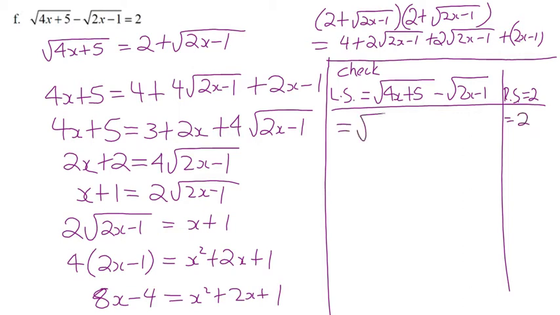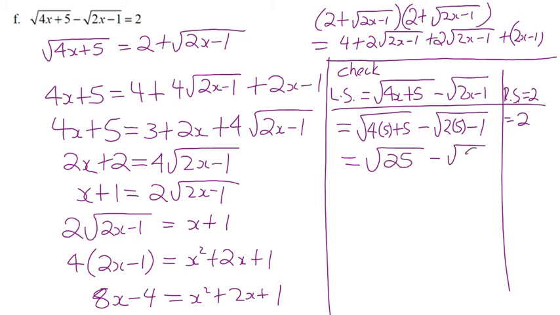Okay, and we want to try 5. So 4 times 5 plus 5 minus root 2 times 5 minus 1. Okay, so 5 checks, right? 5 checks. Okay, we also need to check the 1.